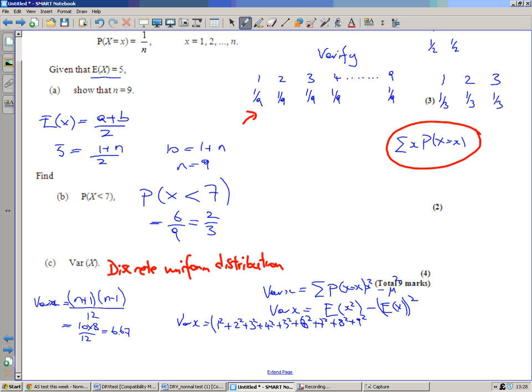The probabilities are all 1/9, so we could just add all the squares, divide the sum of that by 9, and then take away the expectation squared, which is this number here. And that should give us, well, I'm sure it will give us, the same answer for the variance, 6.67. Right, okay.